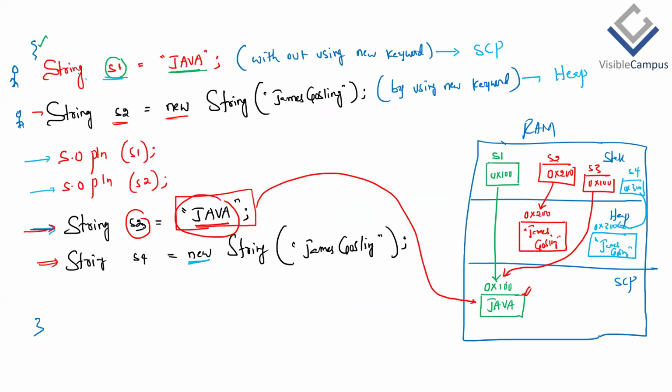Like this, then printing also. We can print S3, and S4 also will give output. S3 will give output called Java, S4 will give output called James Gosling. Understood? This is a primary difference to remember.